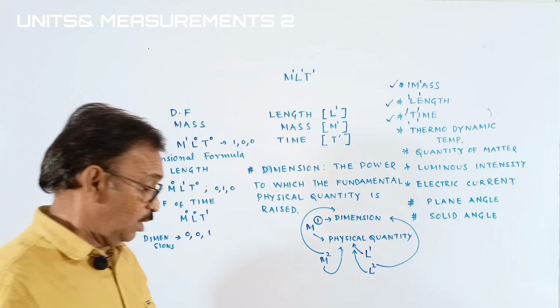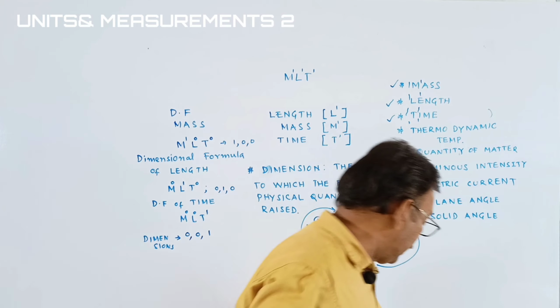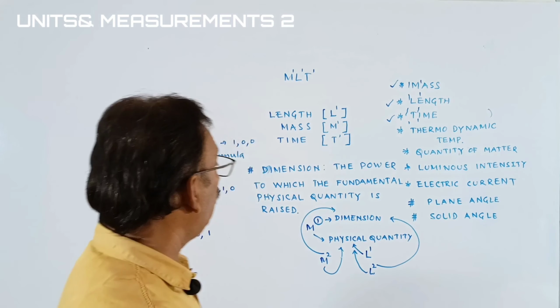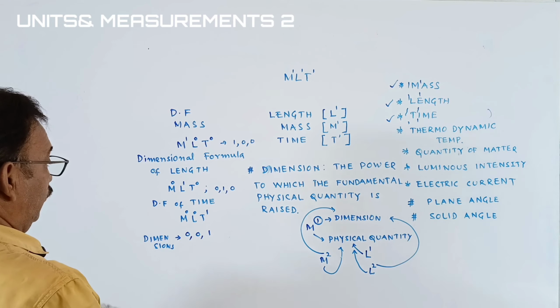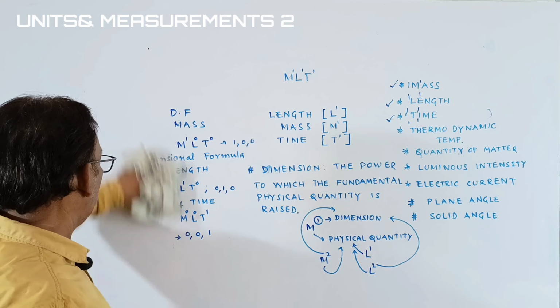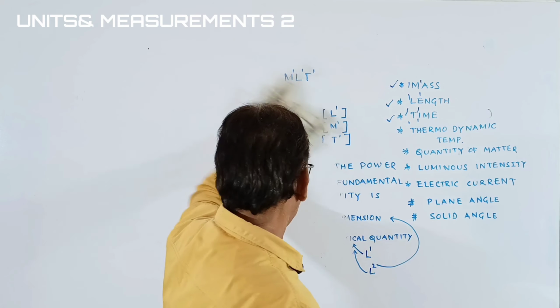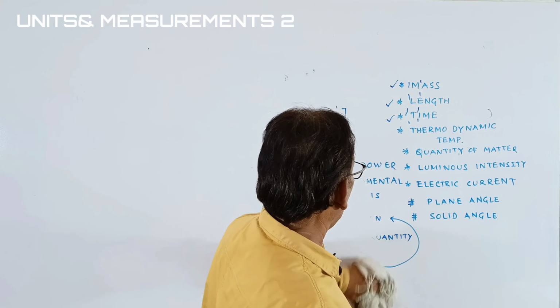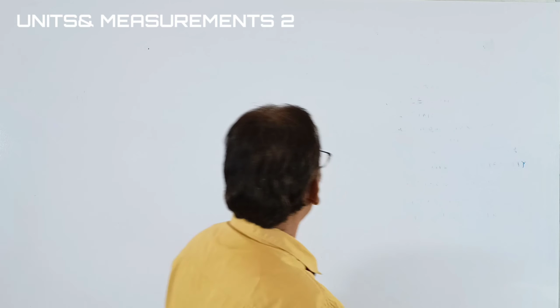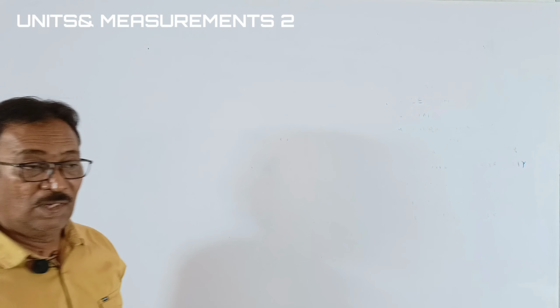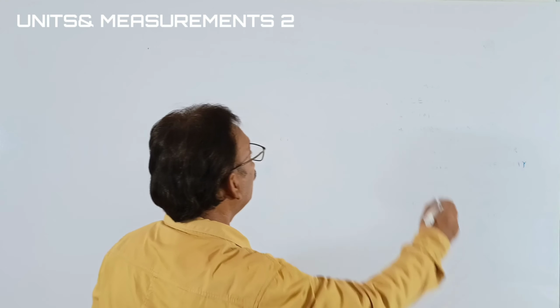Let's go with a few more dimensions here, students. Okay, students, I hope you are understanding. If you listen to the class, further you will understand how to write the dimensional formula and what the dimensional equation is and what dimensions are also. Okay, students, we are writing a list of dimensional formulas. First we start.